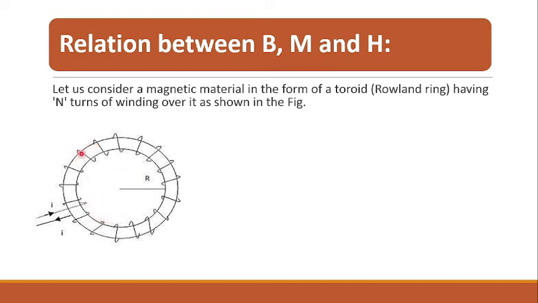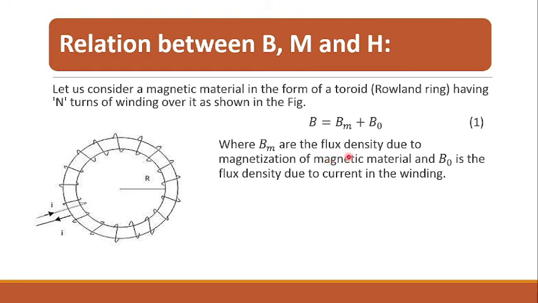The total magnetic flux density B in the material of the ring is partly due to the magnetism as a result of flow of current in the windings and partly due to the magnetization of the material, and that is B is equal to Bm plus B0, where Bm is the flux density due to magnetization of the magnetic material and B0 is the flux density due to the current in the windings.